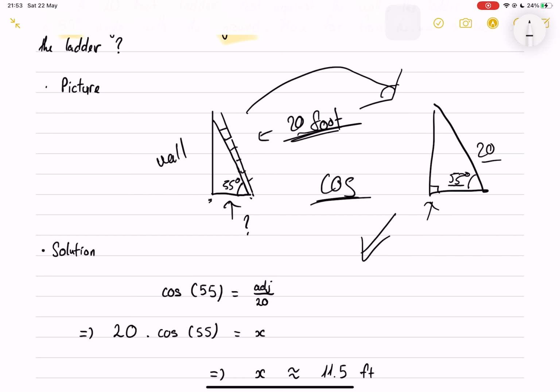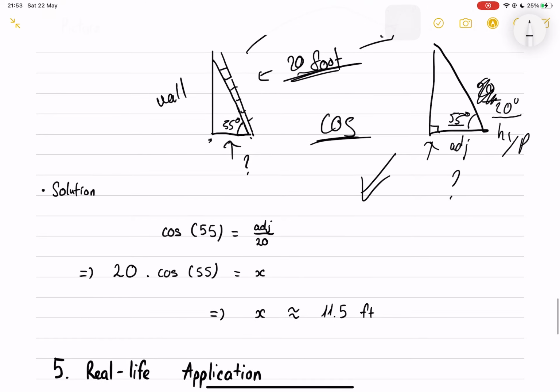We have the angle here. Oh, this is the ladder, the hypotenuse. So we need to find the adjacent part. Adjacent, see?